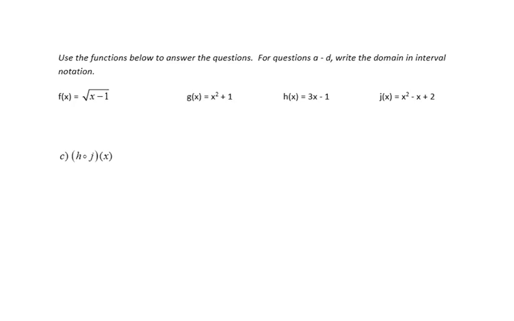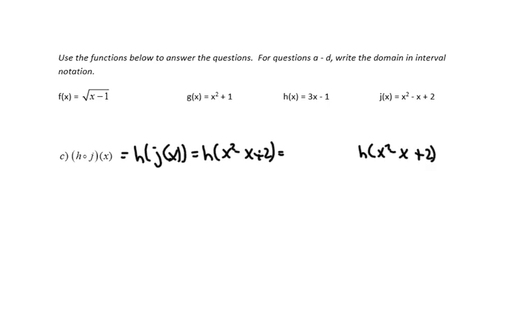All right, so part C, we're going to rewrite using the definition. j of x is the inner function, so I'll rewrite that. Okay. So on the side, let's do h of x squared minus x plus 2. Now, h of x says 3x minus 1.